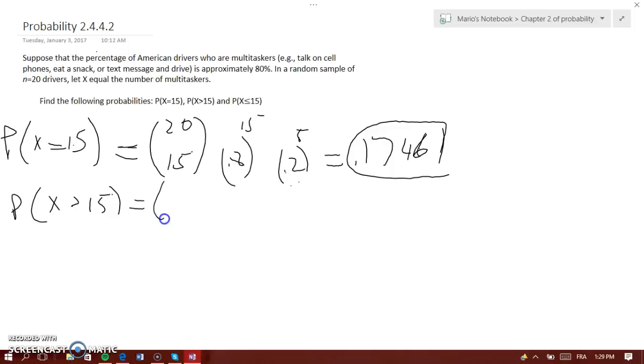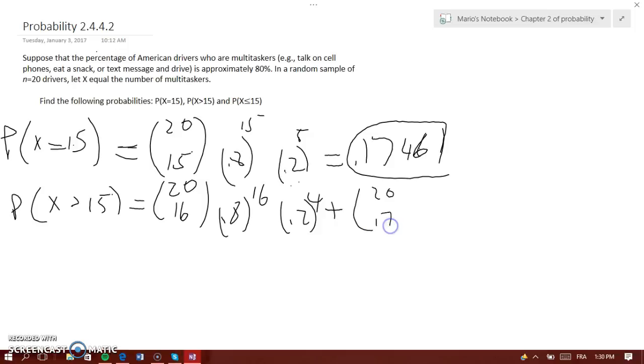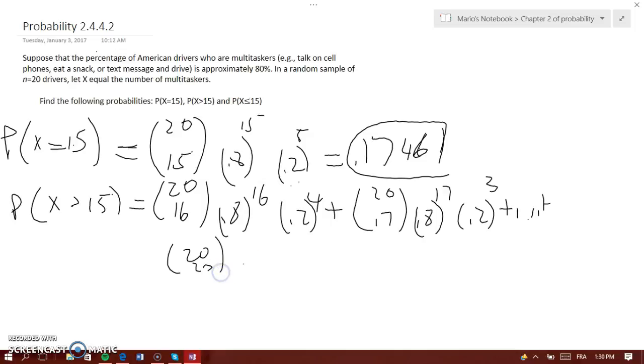So we can write it as 20 choose 16 times 0.8 to the power of 16 times 0.2 to the power of 4, plus 20 choose 17 times 0.8 to the power of 17 times 0.2 to the power of 3, and so forth until we get to plus 20 choose 20 times 0.8 to the power of 20 times 0.2 to the power of 0, and that will equal 0.3704.